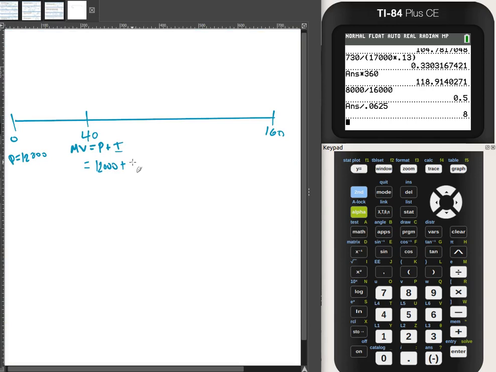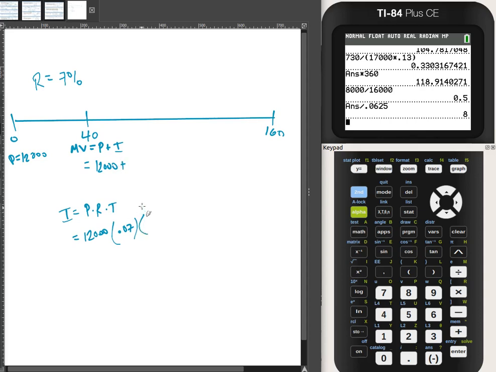So if we go plus the amount of interest, I'm going to just calculate it here. It's principal times rate times time. The principal is $12,000. The rate is 7%, goes 0.07. And I'll just write it so I don't forget again. 7% is the rate, and the amount of time is 40 days.